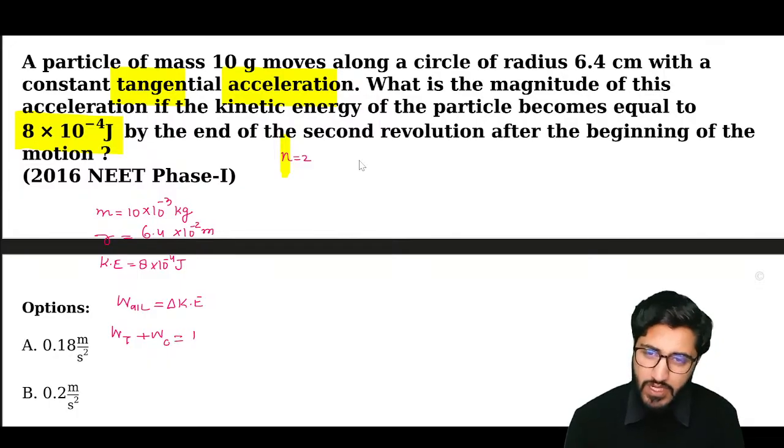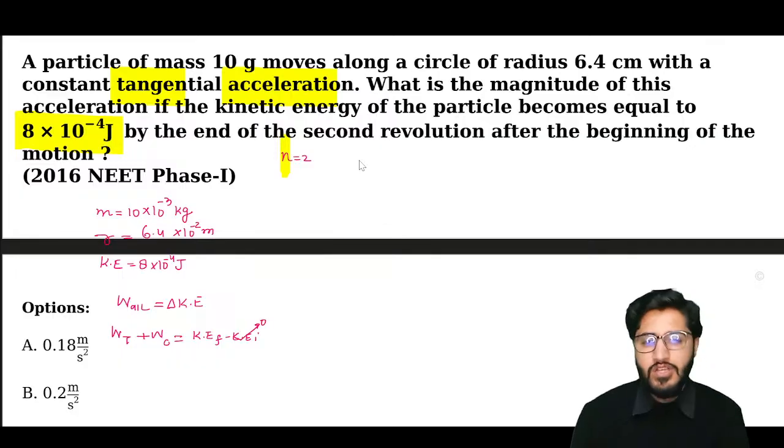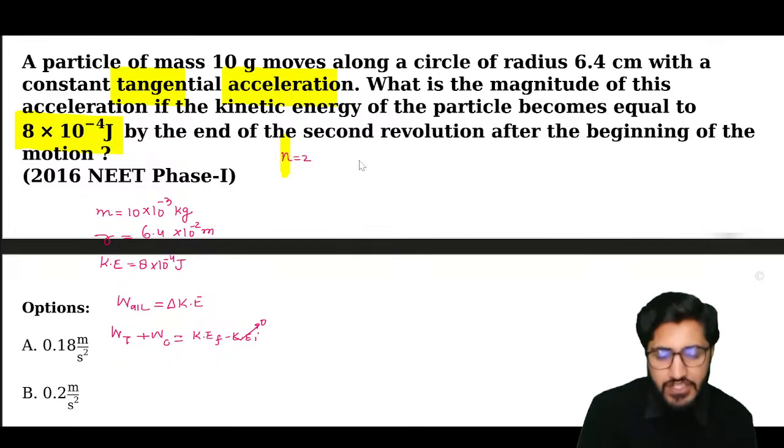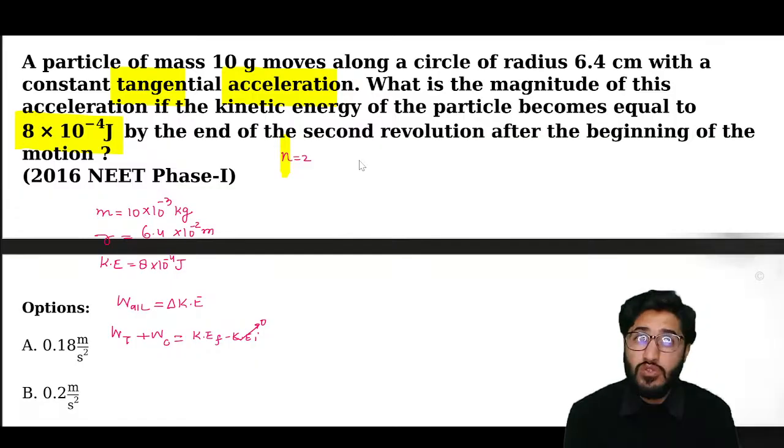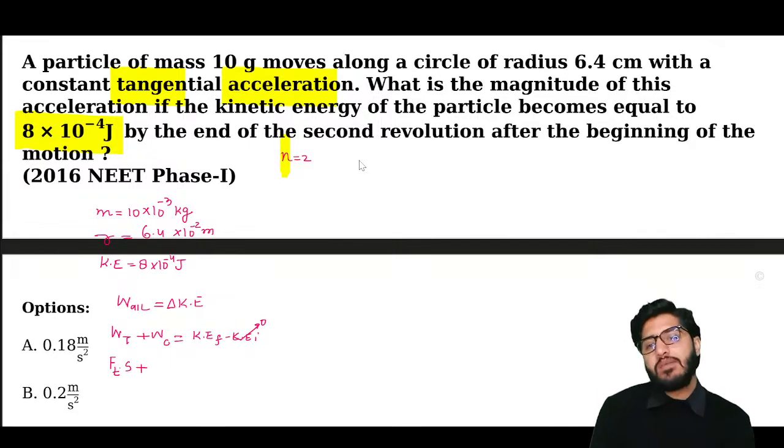So it will be kinetic energy final minus initial. Initial is always 0 here in the case. So work done by tangential would be force into displacement. So I can write force tangential into displacement. Work done by centripetal will be always 0.